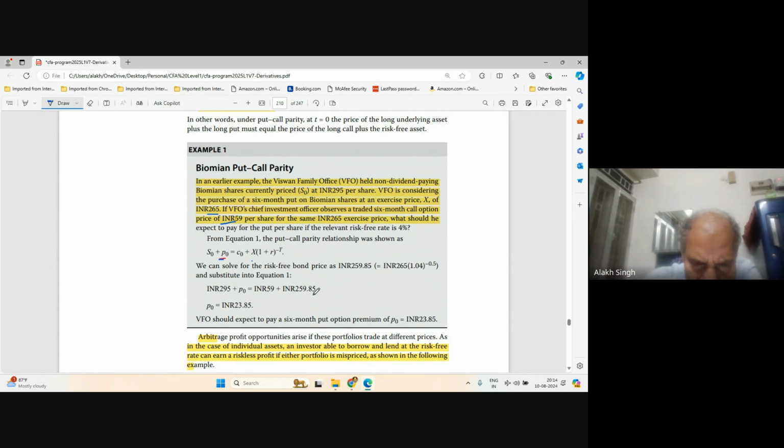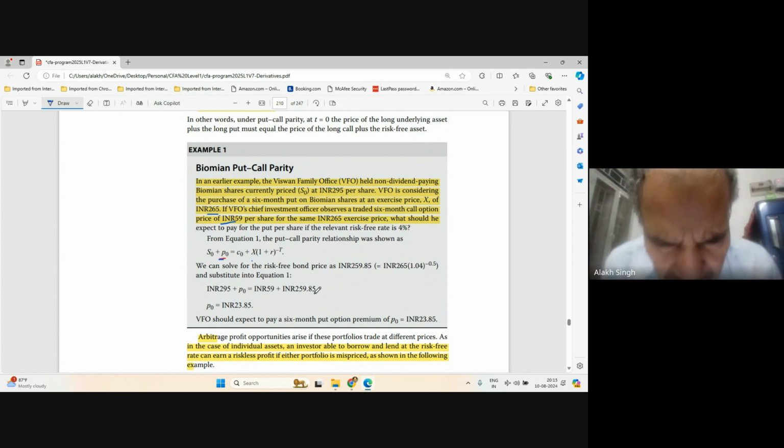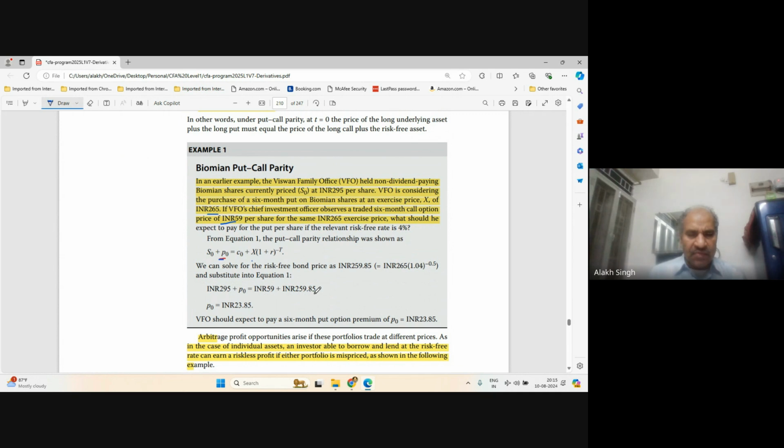Do you get this? Can you calculate on your calculator? Yes, sir. Okay, so try. Then it is just a very simple equation. So did you get 259.85? You have to discount it for 6 months at the rate of 4%.